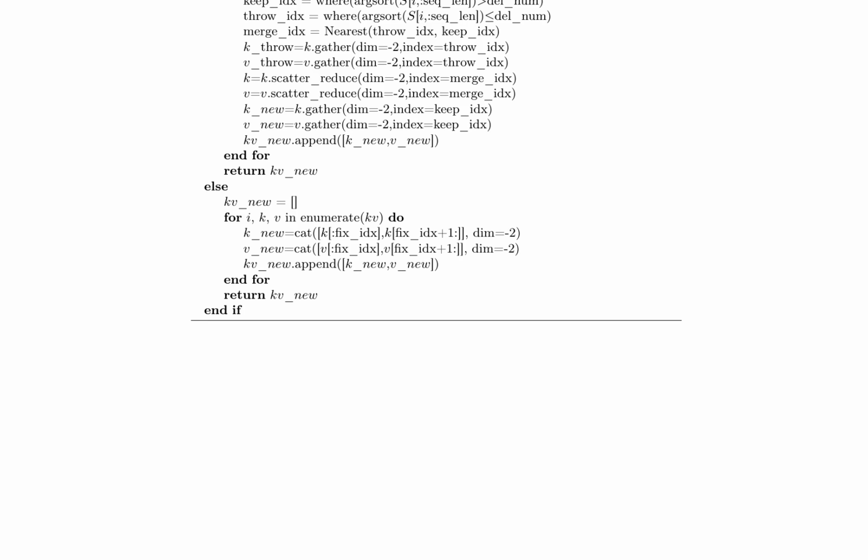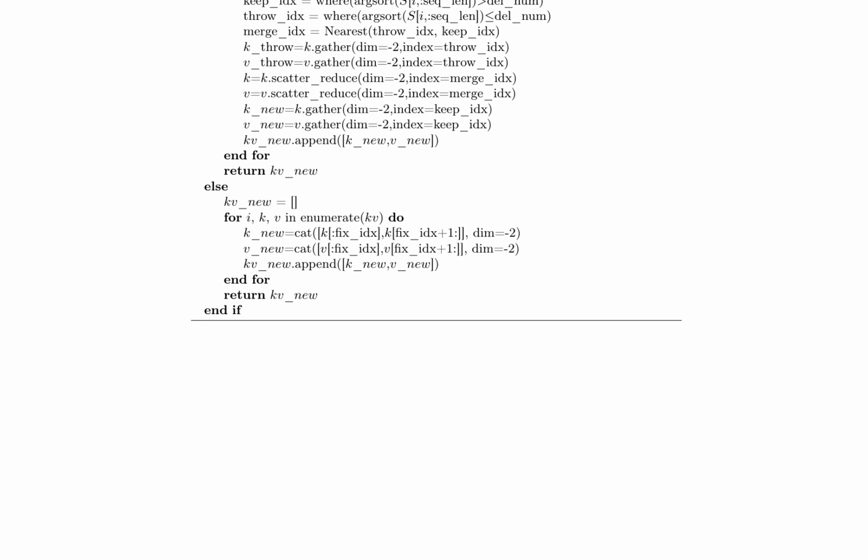If del_num is between 0 and 1, the algorithm updates the KV cache by concatenating the key and value tensors along the last dimension, excluding the fixed index fix_idx. The updated KV cache is then returned. This algorithm efficiently updates the KV cache using techniques such as mean pooling, sorting, and indexing, facilitating implementation in popular deep learning frameworks.